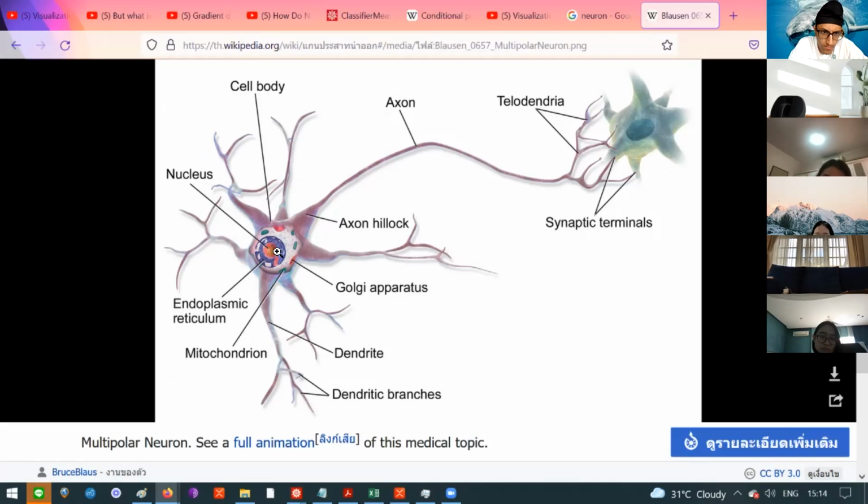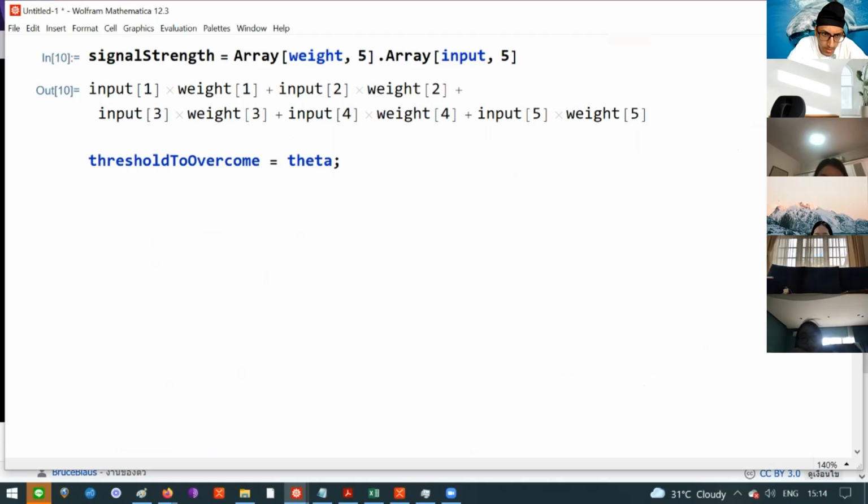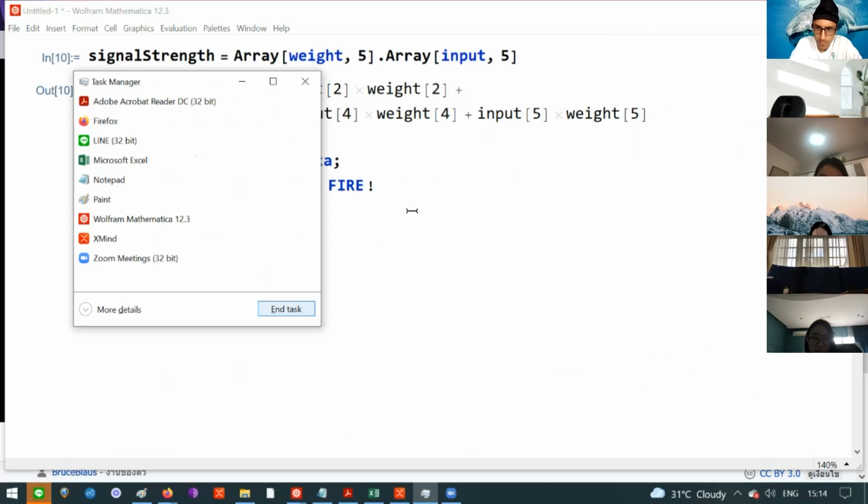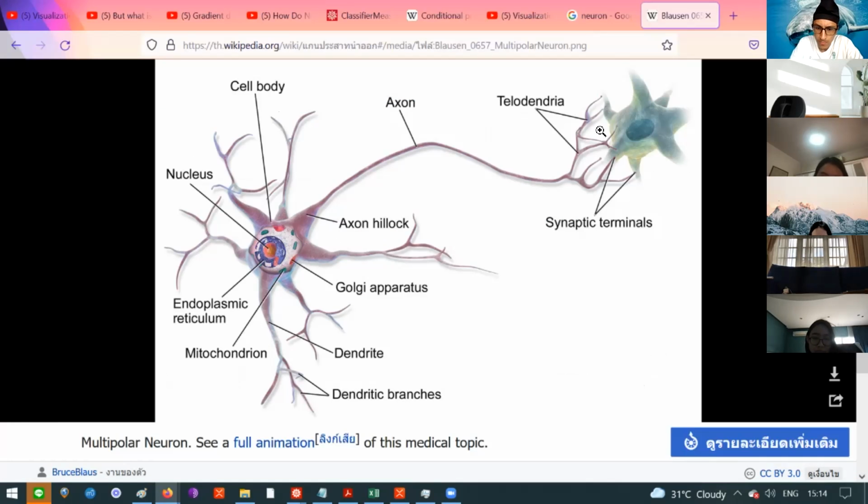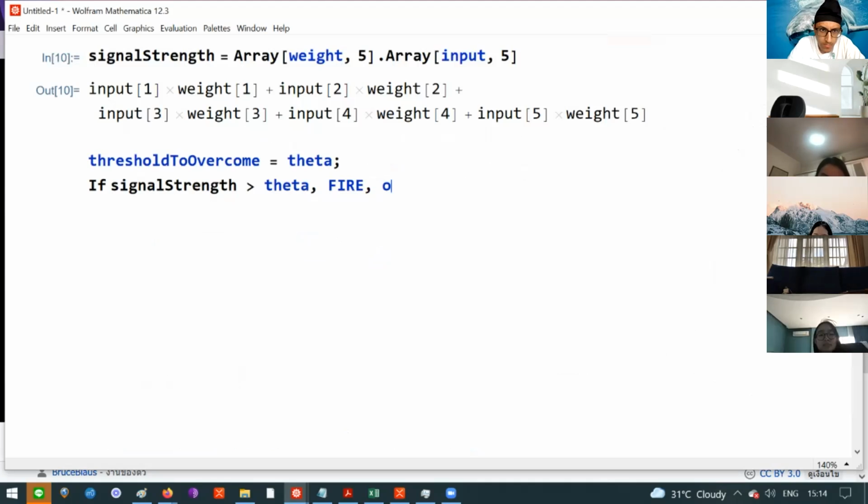If the signal strength is greater than theta, fire, meaning it shoots a signal to the neuron, lights up.